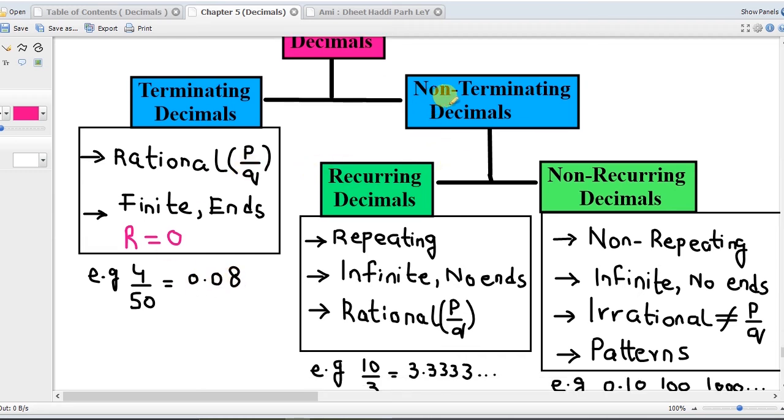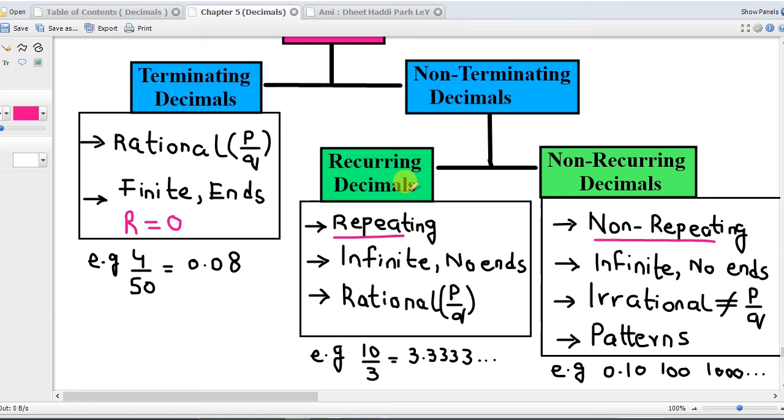Coming to the second type, which is non-terminating, it can be further classified into recurring and non-recurring. Recurring means they are repeating, and non-recurring means they are not repeating. Non-terminating means it has no end, which means it keeps on moving, or it has an infinite number of values after the decimal point. Non-recurring means the same thing, because this is also a subcategory of non-terminating, right?